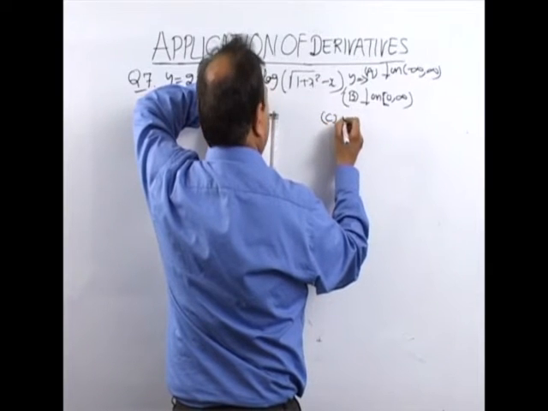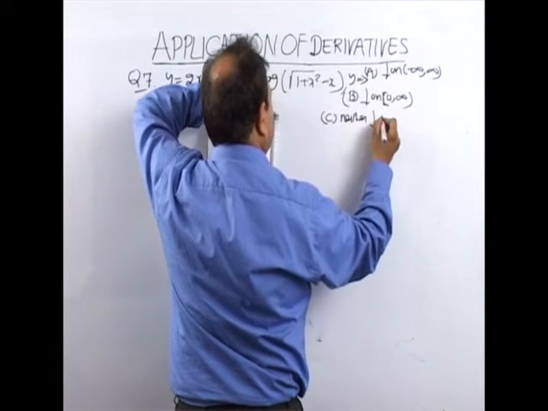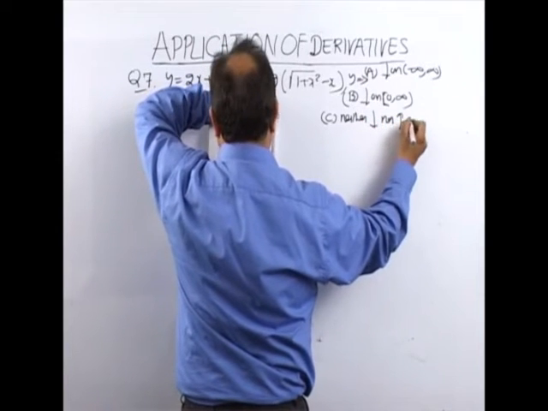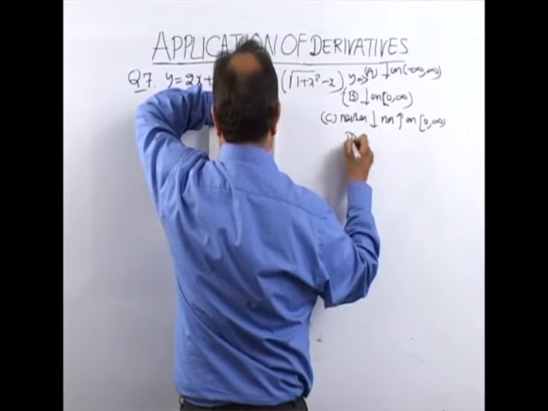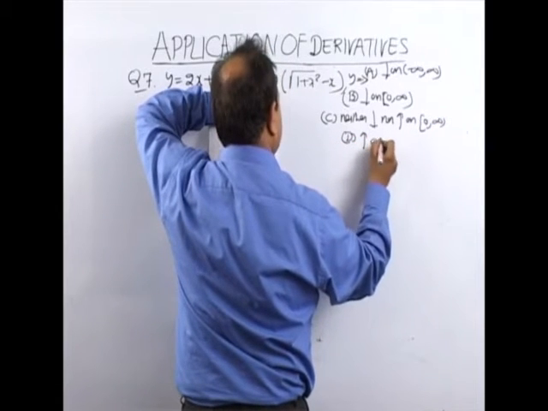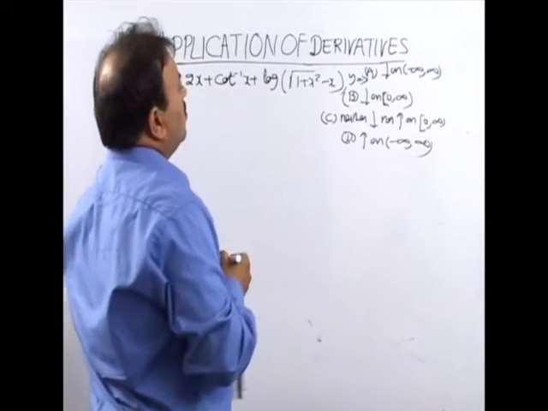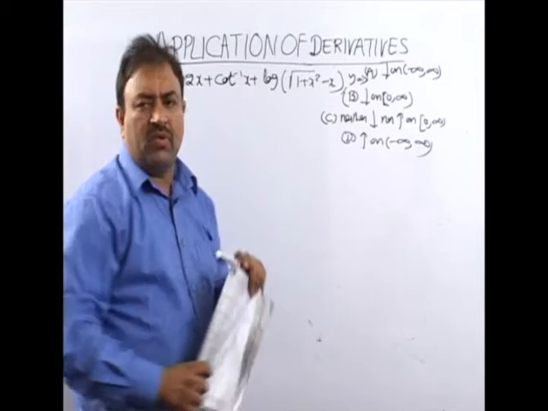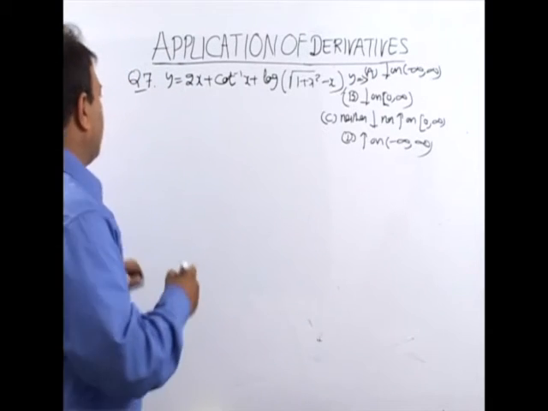C, neither decreases nor increases on 0 comma infinity. D, increases on minus infinity to infinity. So these are the 4 options. Now how will we do it? Generalized method, we will find out the derivative.